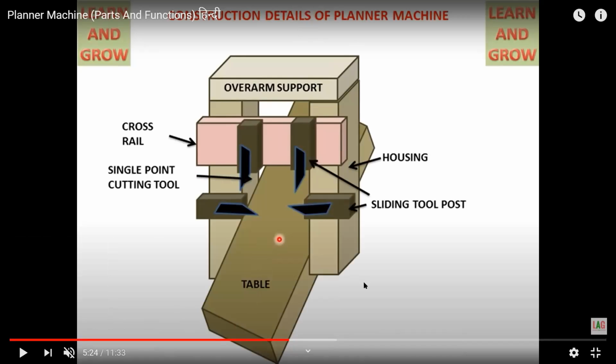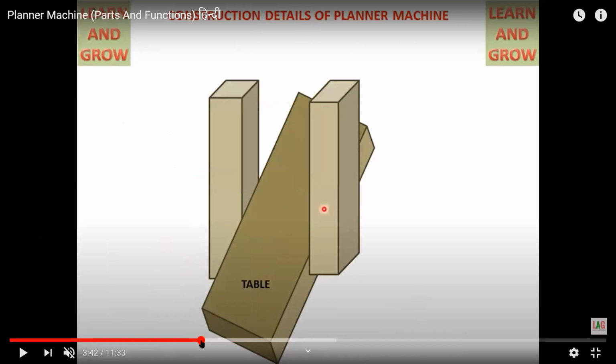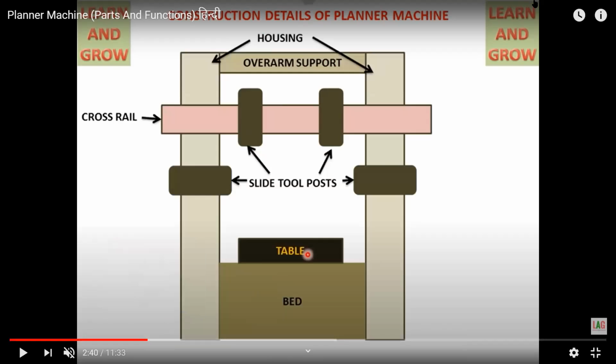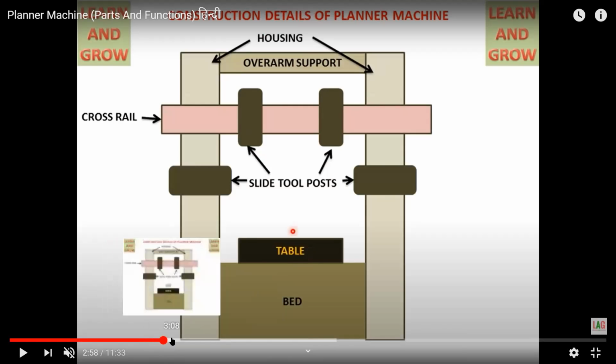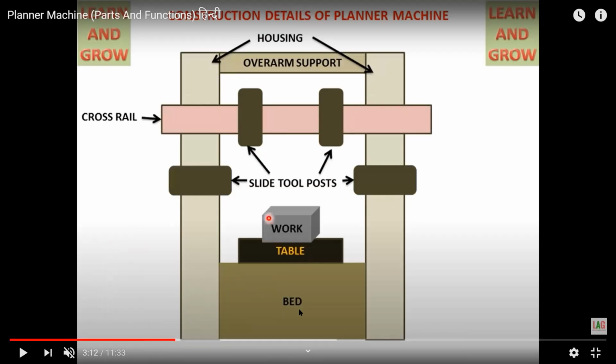Okay, so you can see here the various parts as we have discussed. This is a bed, this one and this one are the housings, and connecting to this we have an overarm support, and below this we have a cross rail, and in this cross rail we are having the slide tool posts.